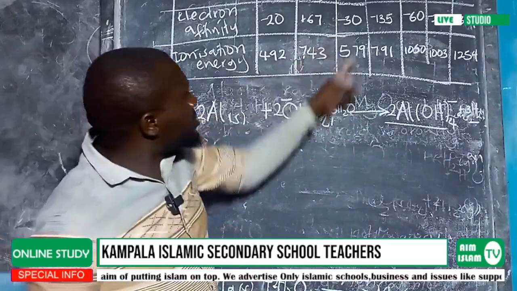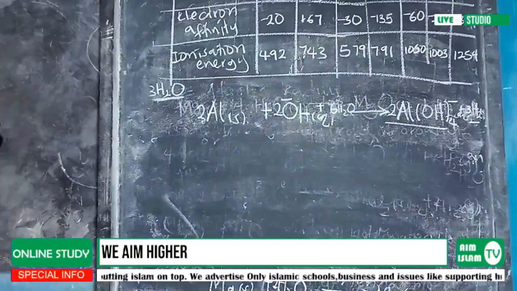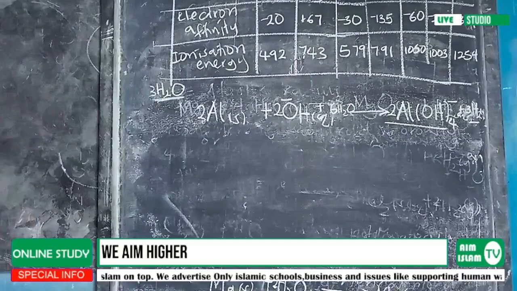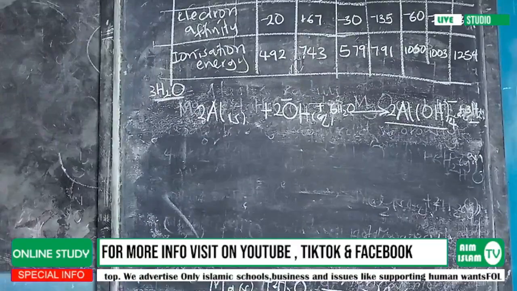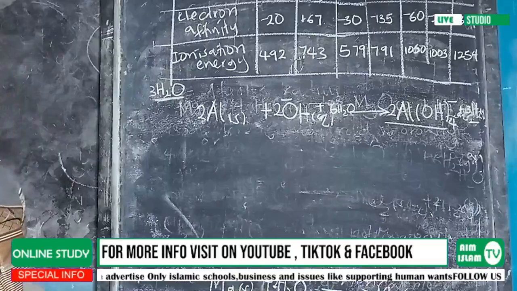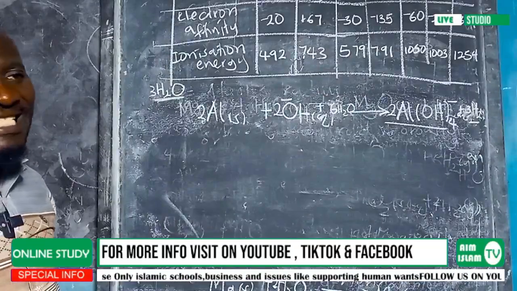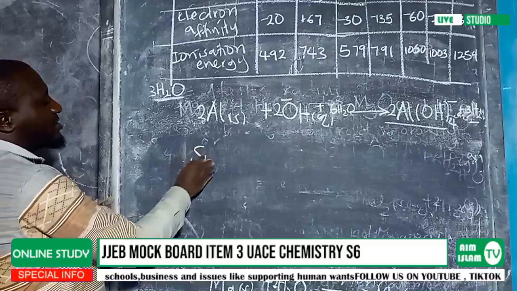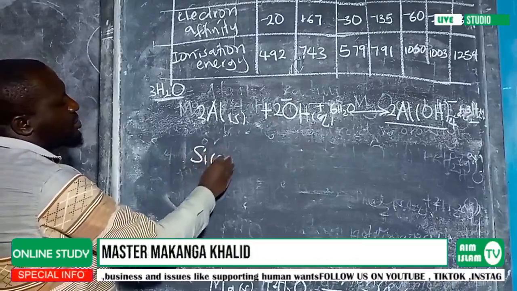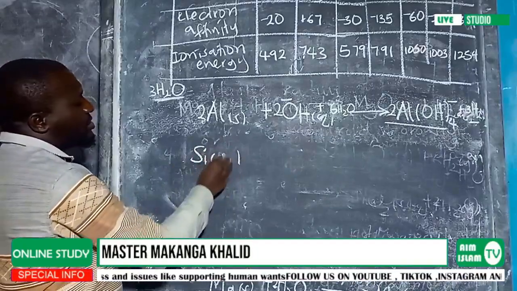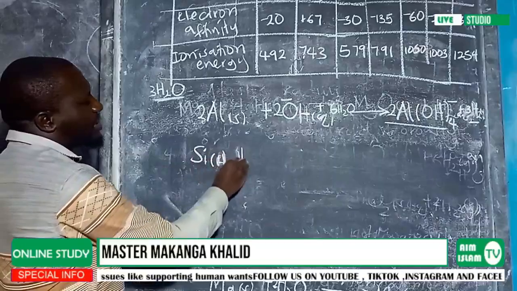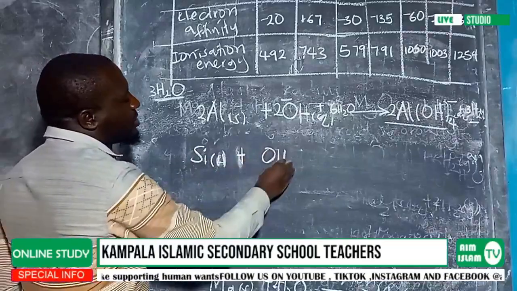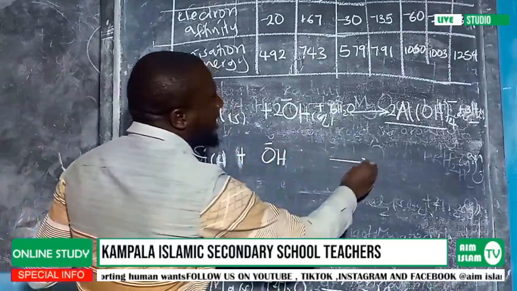Then silicon reacts with concentrated alkali, forming silicate. This is solid silicon. It reacts with concentrated alkali, forming a silicate.